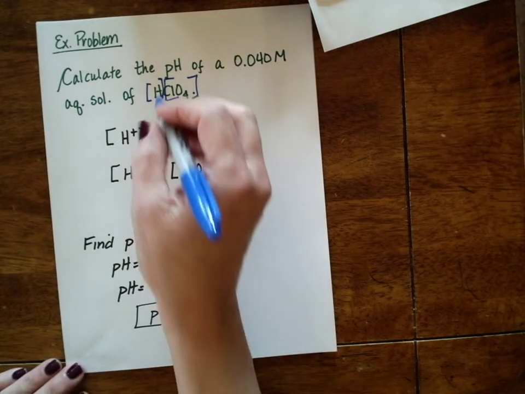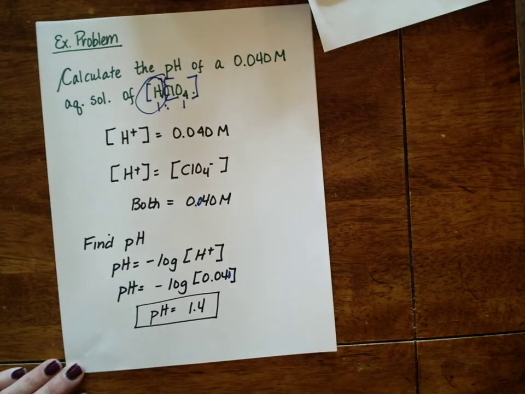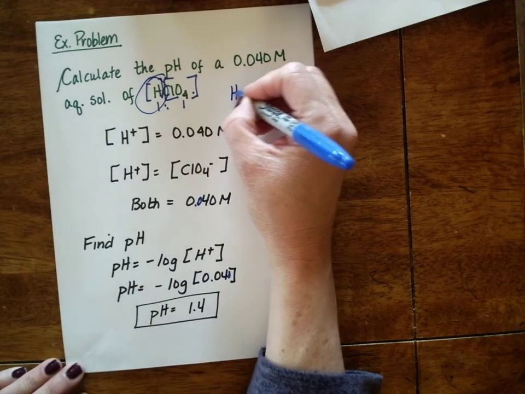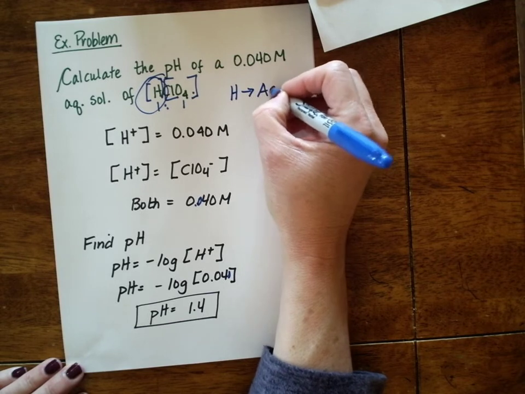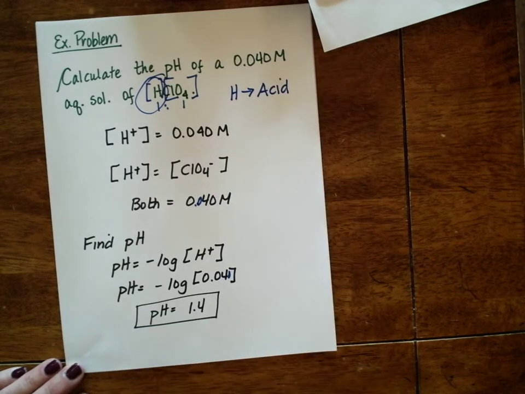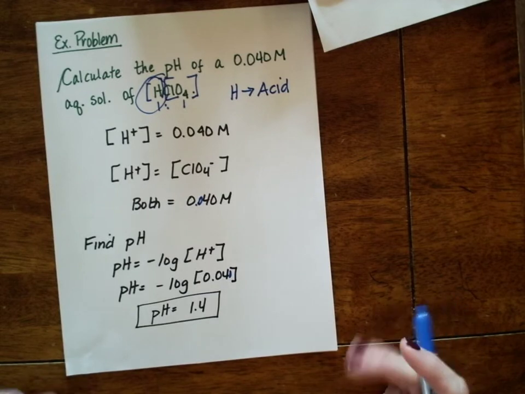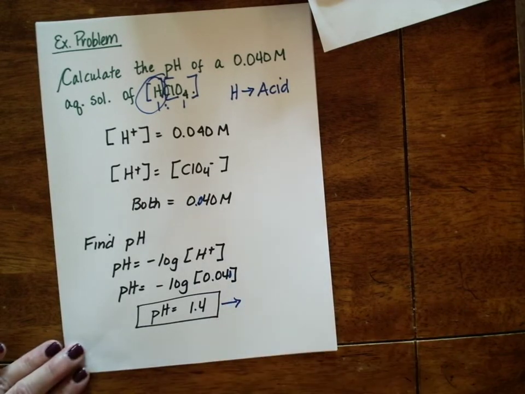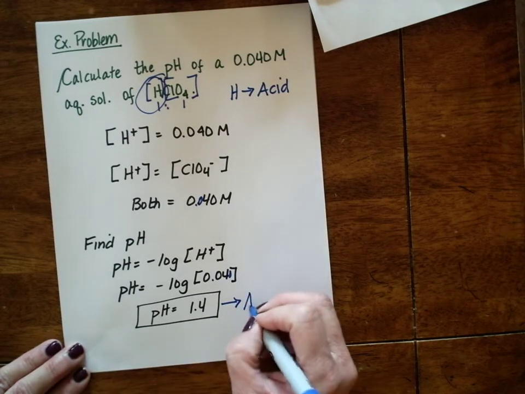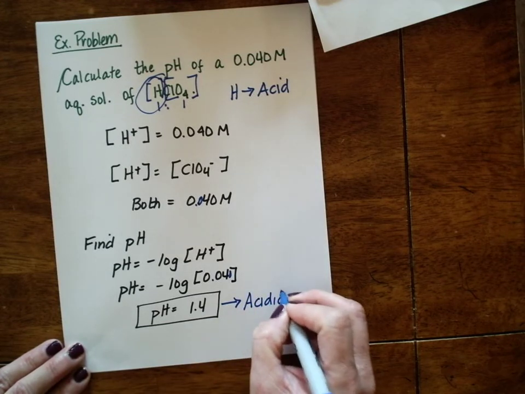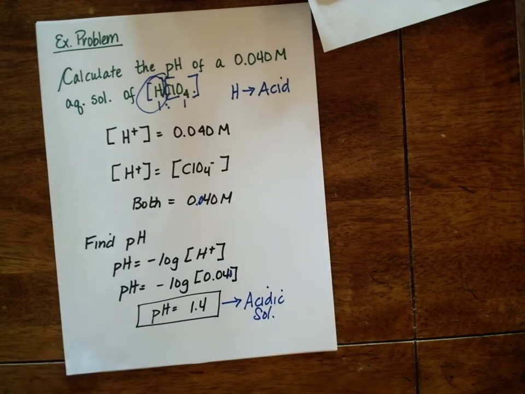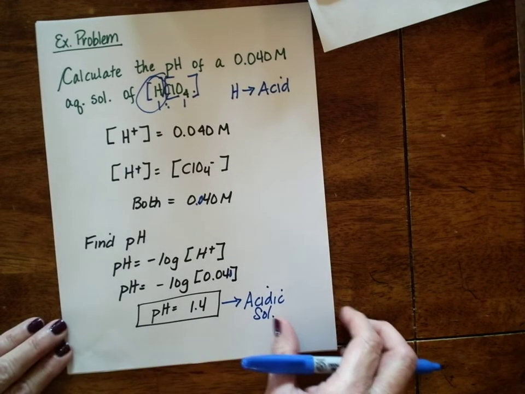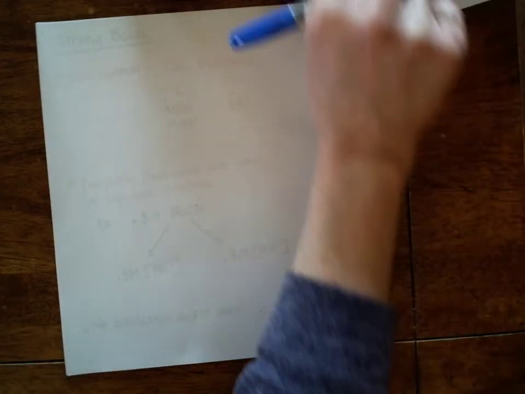I know that I have hydrogen present up here. If hydrogen is present, then I know I'm starting this with an acid. So I would expect my pH to fall somewhere in the range of acids. Once I get my problem finished, I see that I have a pH of 1.4, which checks because that would be an acidic solution. So I know that I'm on the right track.